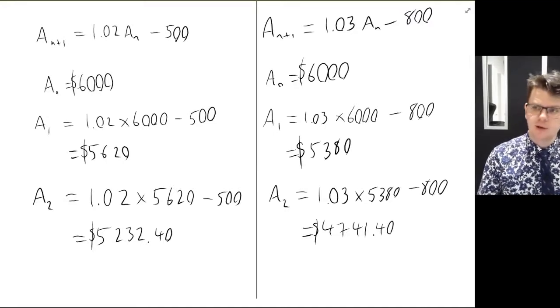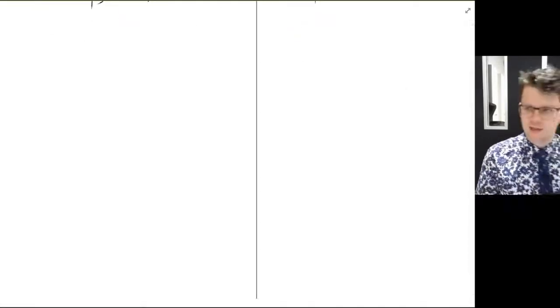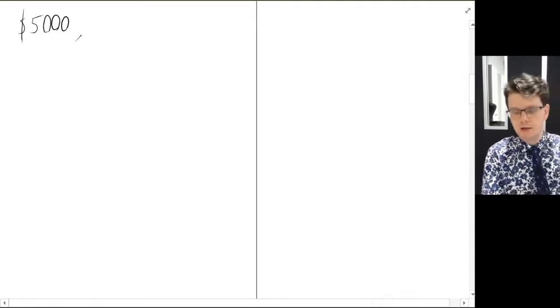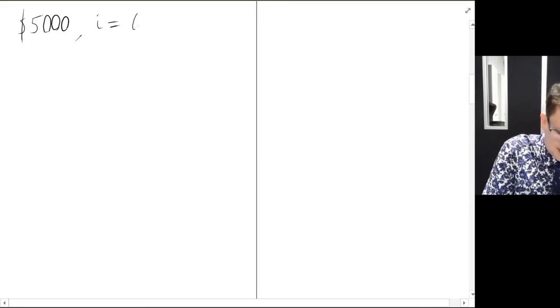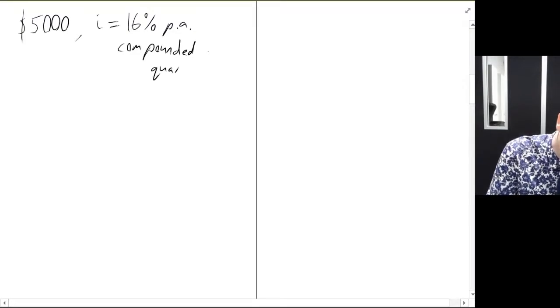Now before we move on, I just want to quickly remind ourselves how to deal with slightly more complicated situations. So let's say Martin takes out a $5,000 loan. And the interest he's getting on that, which is not a good thing, is going to be 16% per annum, compounded quarterly.